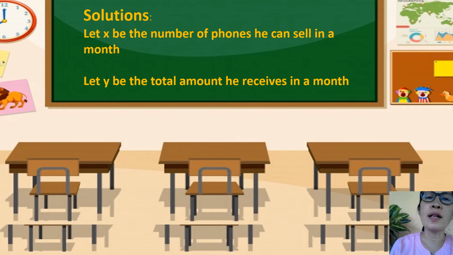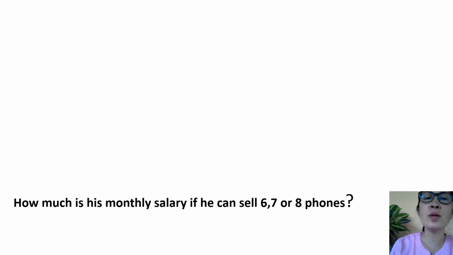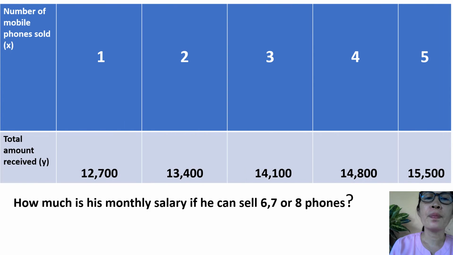Let x be the number of phones he can sell in a month, and let y be the total amount he receives in a month. The number of mobile phones sold is represented by x, and the total amount received is represented by y. So this is now the table of values.